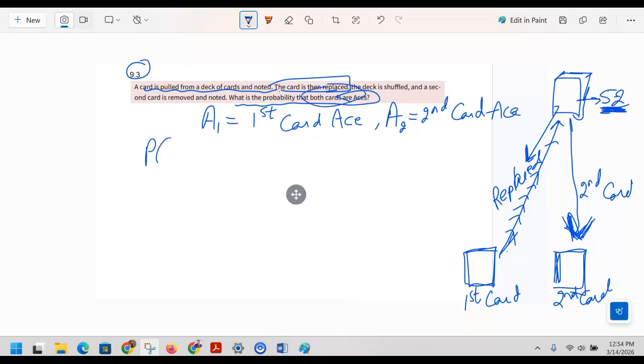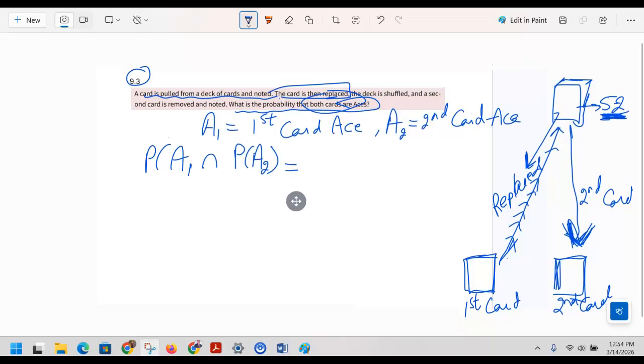So we will write the probability that the first card is ace, and the probability that the second card is also ace. Now, by using the multiplication rule of probability, we write the probability of the first card is ace, times the probability of the second card is ace, knowing that the first card is already ace.